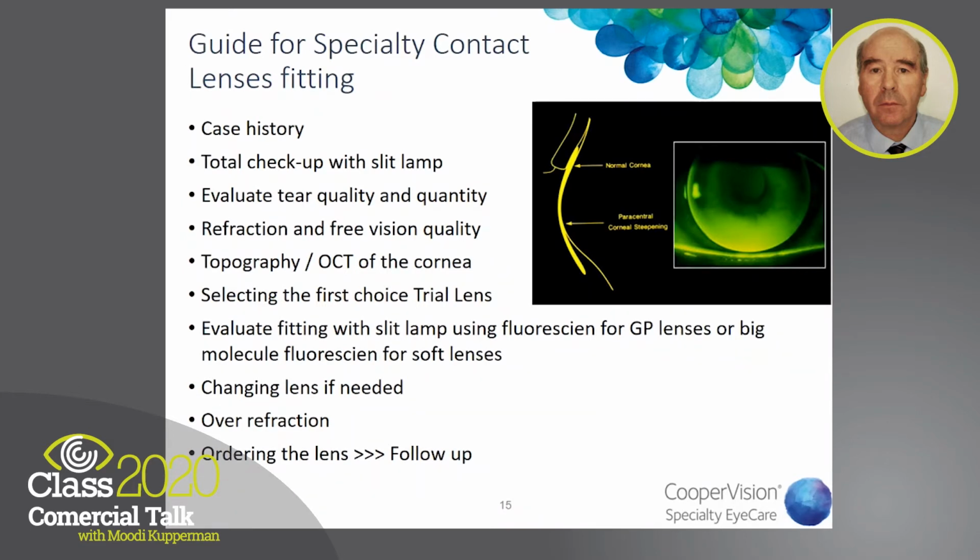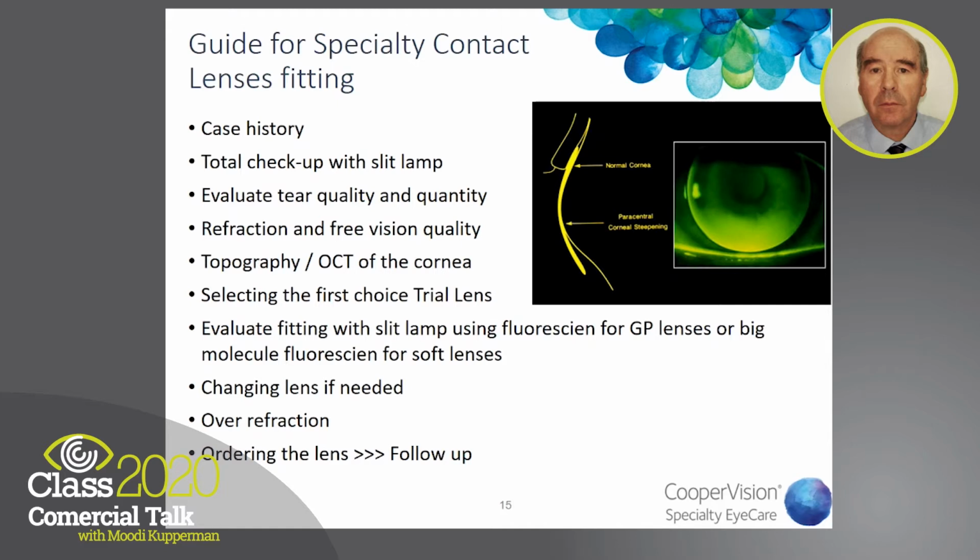Selecting, of course, we have to do topographies or OCT of the cornea in order to understand the shape of the cornea, the elevation of the cornea. The elevation is very, very important when we are fitting irregular corneas.